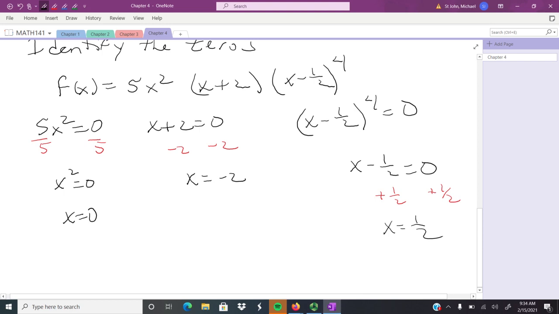So the zeros are going to be -2, 0, and 1/2. Right? And then the other thing we could talk about is the multiplicity. And the multiplicity is related to the exponent. So here this is going to be 2. This is going to be 1. And this is going to be 4.